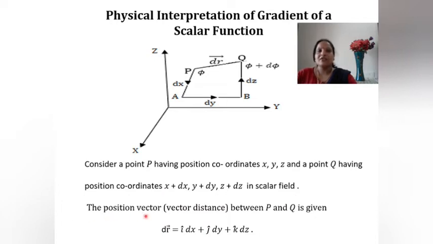The position vector, that is the vector distance from P to Q, is dr. dr represents the position vector and is given by i cap dx plus j cap dy plus k cap dz, where i cap, j cap, k cap are the unit vectors along x-axis, y-axis, z-axis respectively.